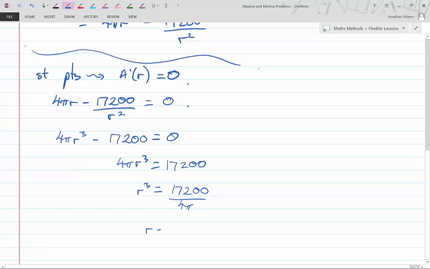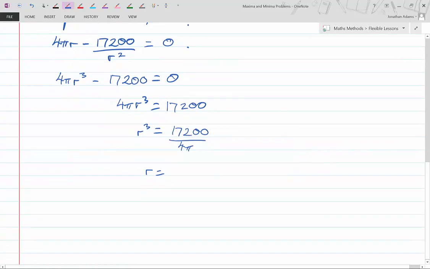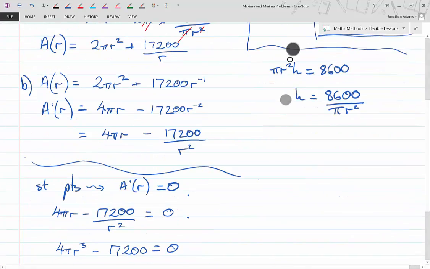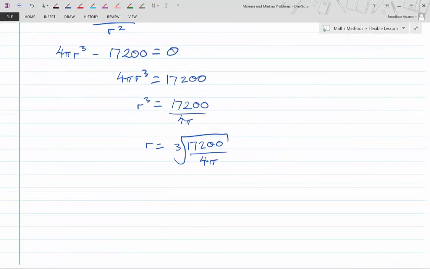So whatever radius is optimal here, it's going to be the cube root of 17,200 divided by 4 pi. The question asks for the nearest square meter, so we're going to round this to the nearest whole number.